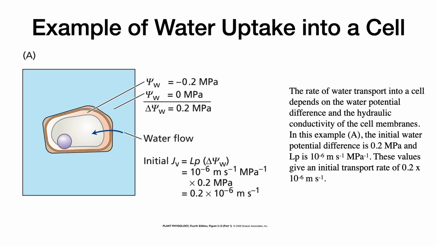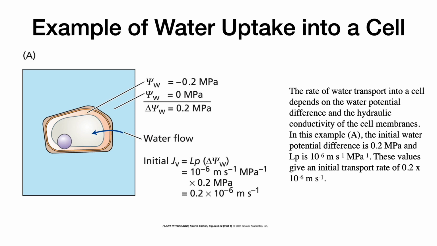The rate of water transport into a cell depends on the water potential difference, which helped us define the direction that water would flow spontaneously, but it doesn't tell us how fast it's moving. For that, we need to know what the hydraulic conductivity of the cell membrane is to determine the rate of transport. In this example, the initial difference was 0.2 megapascals.